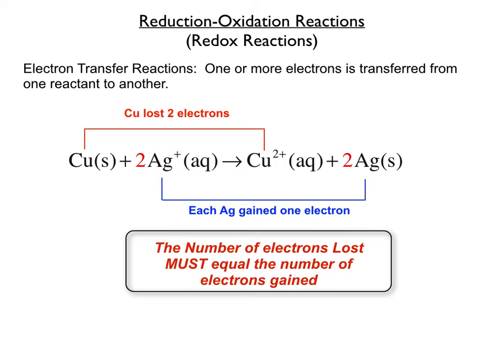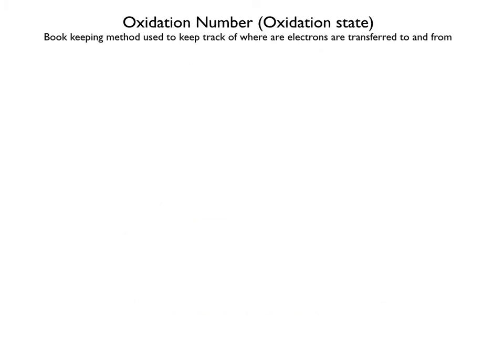Now, in these redox reactions, these oxidation reduction reactions, we need to develop a sort of system to keep track of electrons so we can quickly identify which atoms have gained electrons and which atoms have lost electrons. And that system is the oxidation number, also called oxidation state.